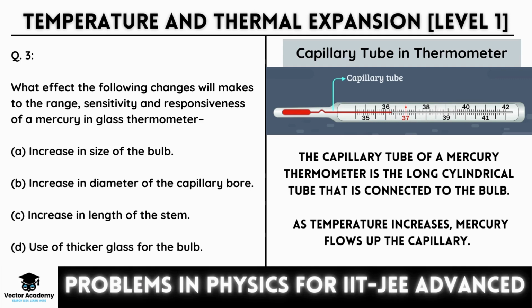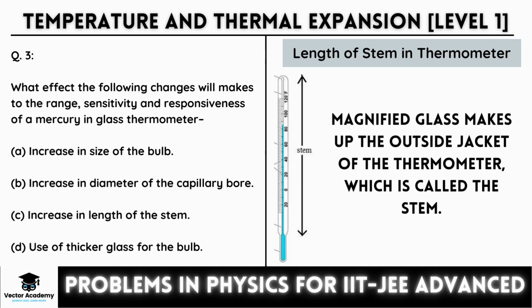The capillary tube of a mercury thermometer is the long cylindrical tube that is connected to the bulb. As temperature increases, mercury flows up the capillary. Length of stem in thermometer. Glass makes up the outside jacket of the thermometer, which is called the stem.